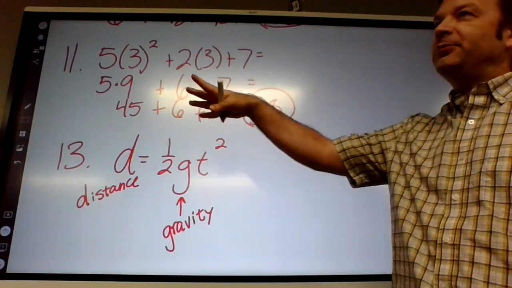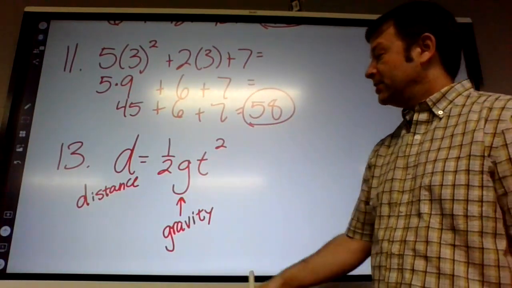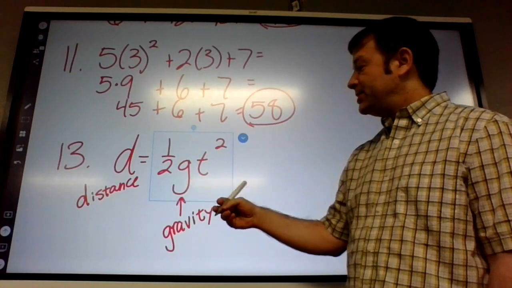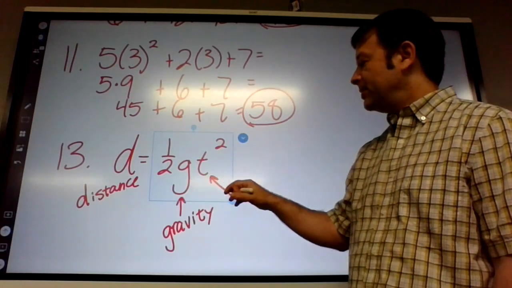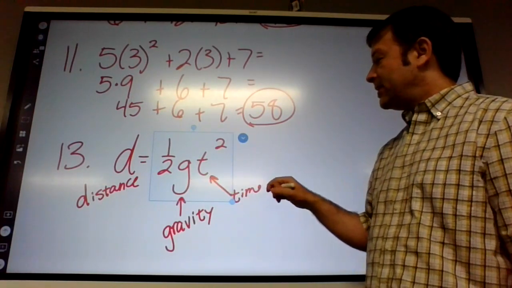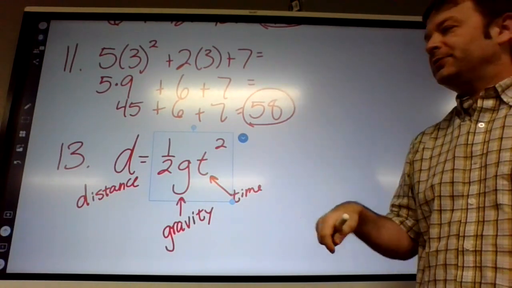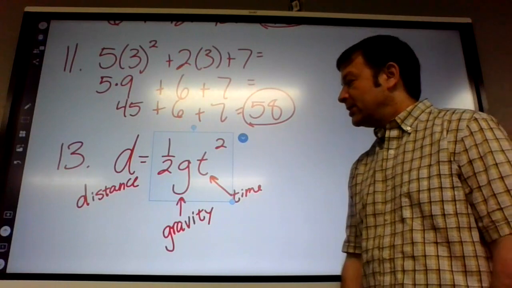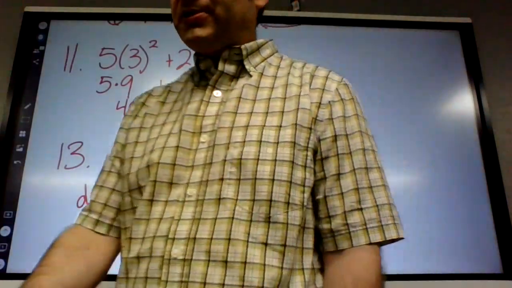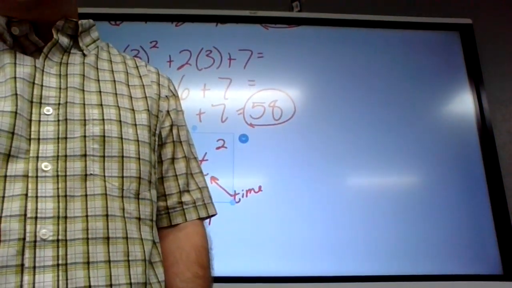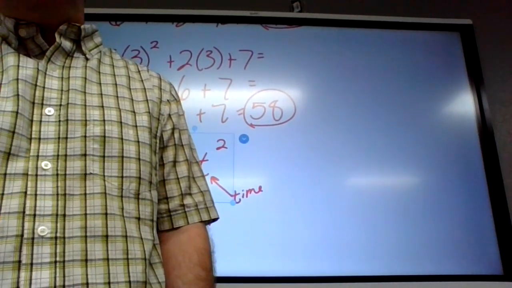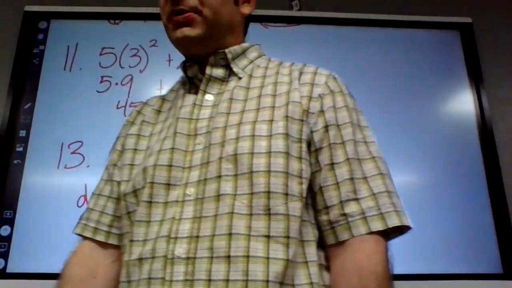If you drop something on the moon, it's not going to fall as fast. T, time, probably time in seconds, right? Because it doesn't take stuff very long to fall. So they're probably going to tell us what the stuff is. Find the distance each object falls in 3 seconds when dropped.